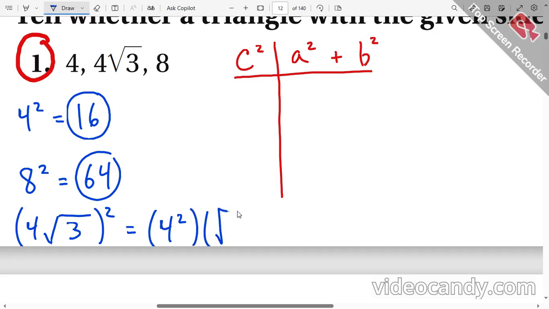You have to do each one individually. 4 times 4 is 16. Radical 3 squared, you just remove the radical. And 16 times 3 is 48.